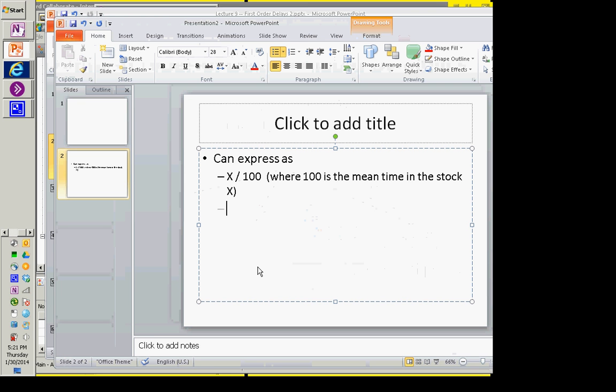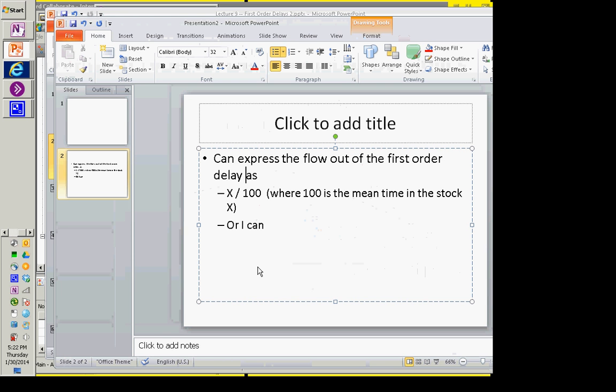So can express the flow out of the first order delay as x over 100, or I can express it as x times 1 over 100, i.e. x times 0.01, where 0.01 is the chance per unit time of leaving, right? You see how they're the same. I mean, they're just restatements of it. We're just relabeling the things.